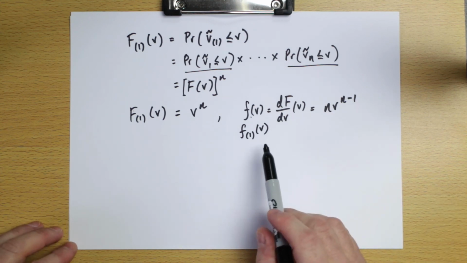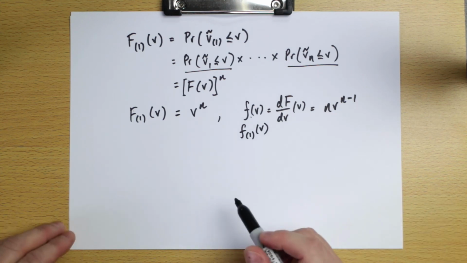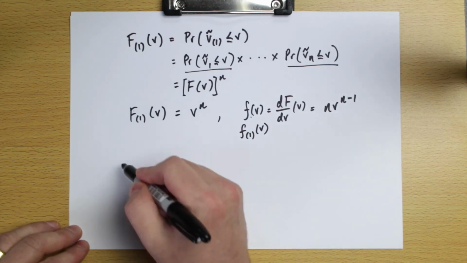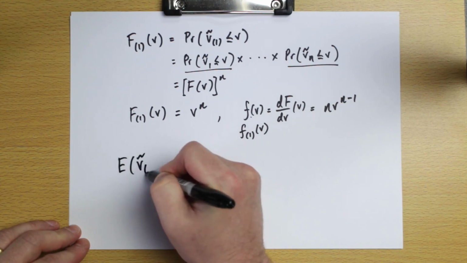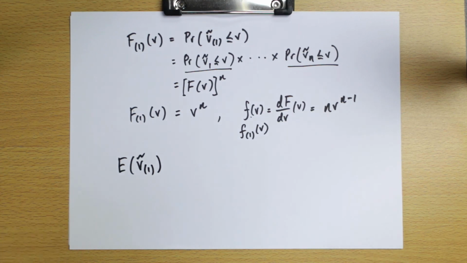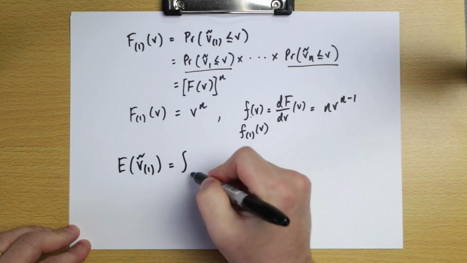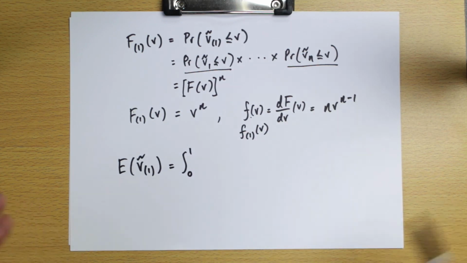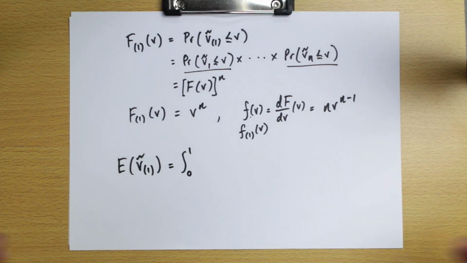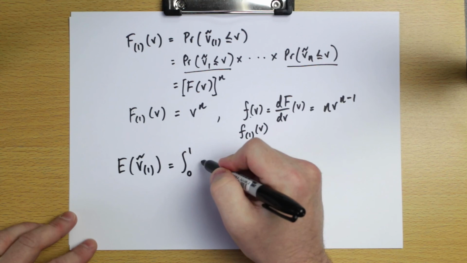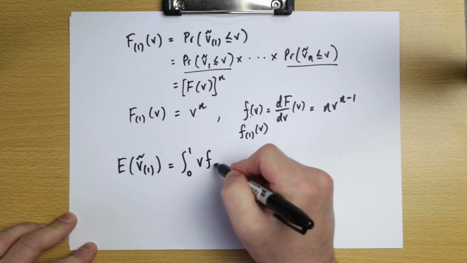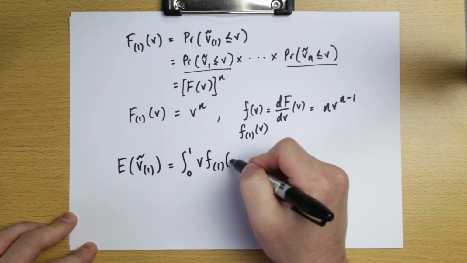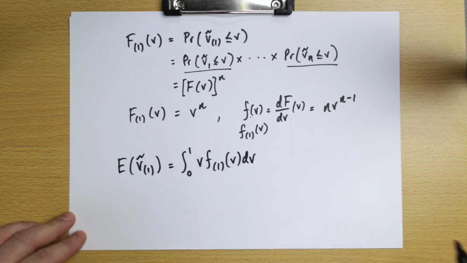So now let's put this to use. Let's calculate the expected value of our first order statistic. So remember the general definition of expected value. The general definition is that you take the integral, in this case between 0 and 1, it might be minus infinity up to positive infinity, you get the same answer, and then you multiply v by the density function, and then you vary v.